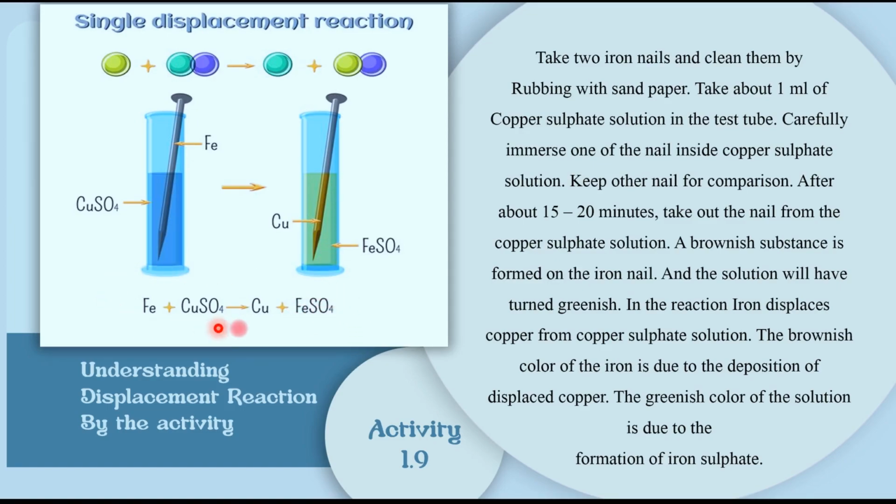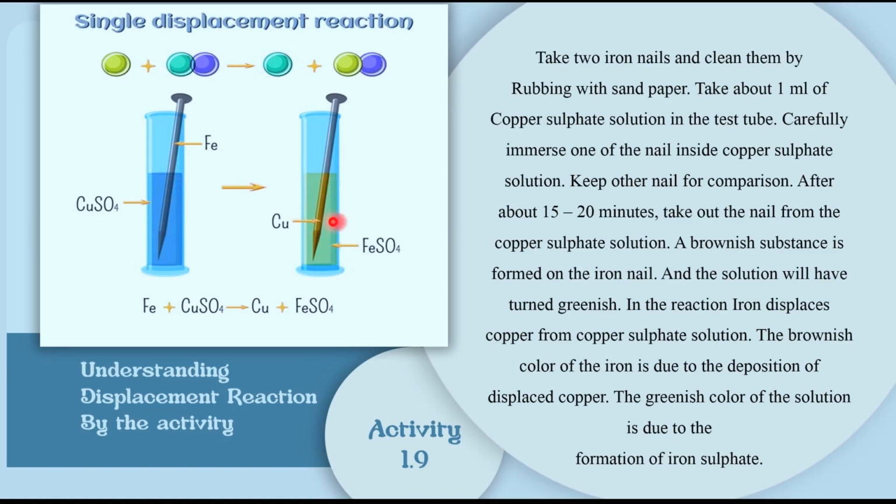Dear student, in this reaction, iron displaces copper from the copper sulfate solution. Remember, iron displaces copper from the copper sulfate solution, and we find a brownish color on the surface of the iron nail. This color is because of the deposition of displaced copper.